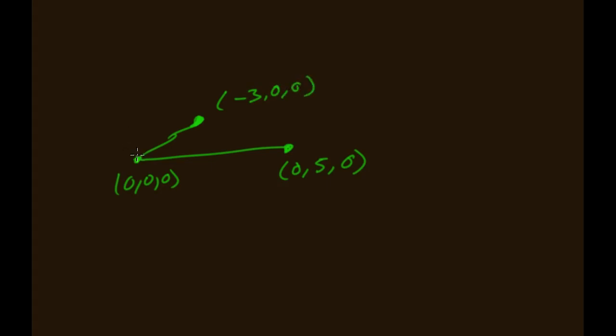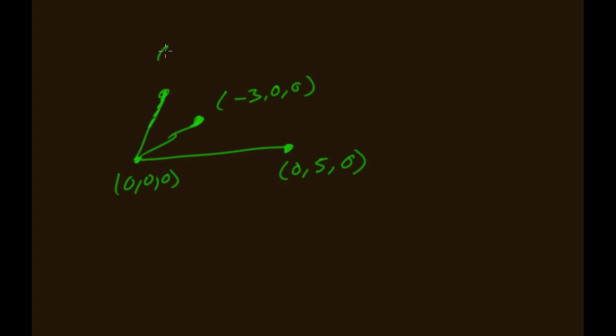Okay, so let's actually play this out. Let's say that I have a point here at the origin, 0, 0, 0. I have another point over here at 0, 5, 0. I have a point coming back here at negative 3, 0, 0, and then I'm going up.